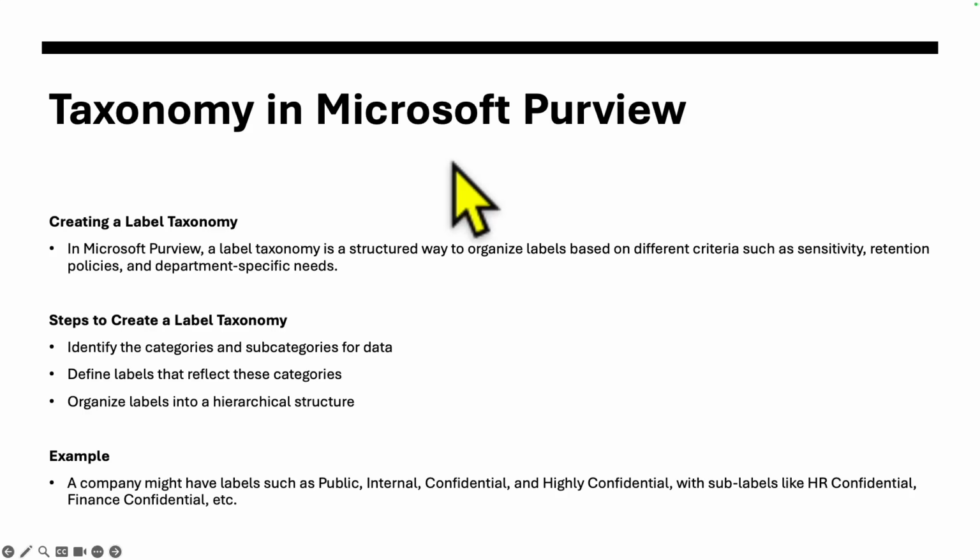Let's look at the taxonomy, how it works within Purview. So in Purview, first and foremost, you're going to create a label taxonomy. And this label taxonomy is structured in a way to organize your labels by different criteria, such as sensitivity, retention policies, department-specific needs, and things like that.